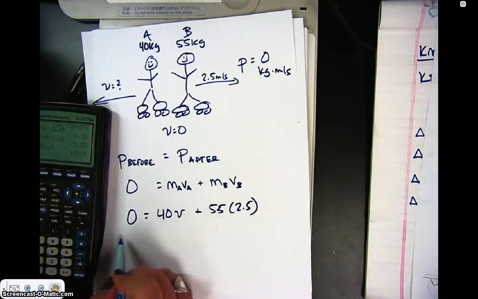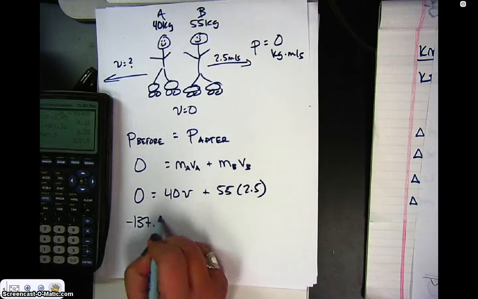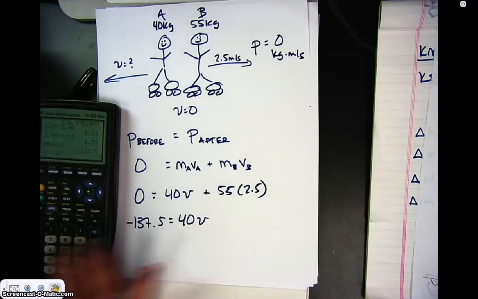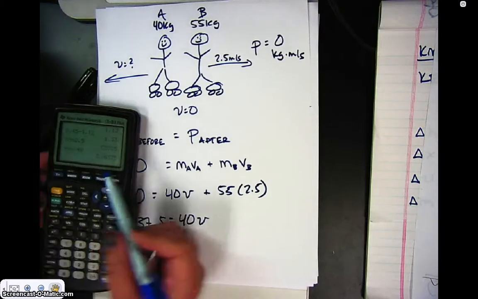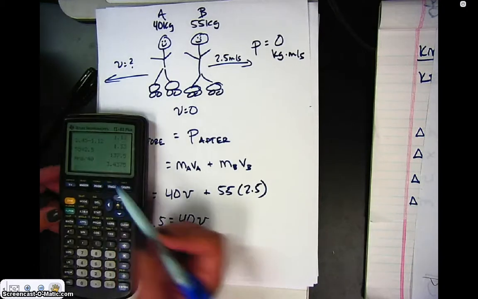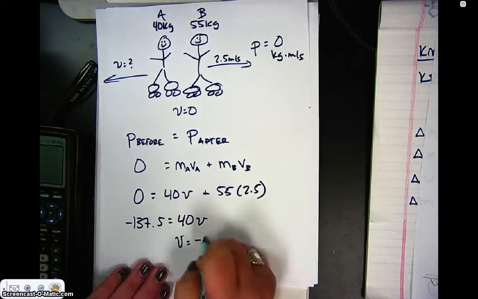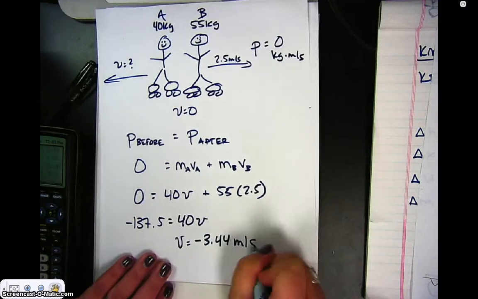We subtract this over here, so we have negative 137.5 equals 40 v. Just divide by 40, so the velocity of this kid is going to be roughly negative 3.44 meters per second.